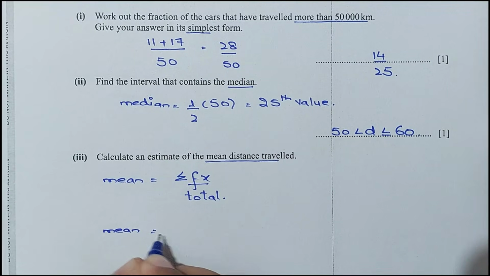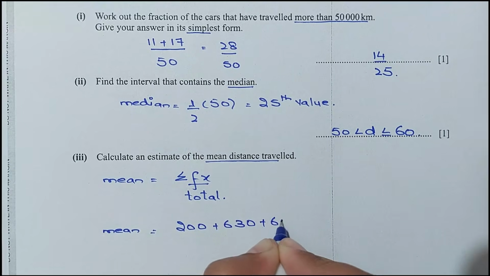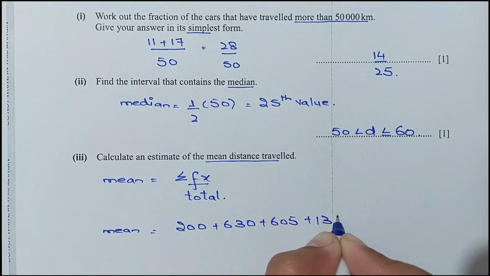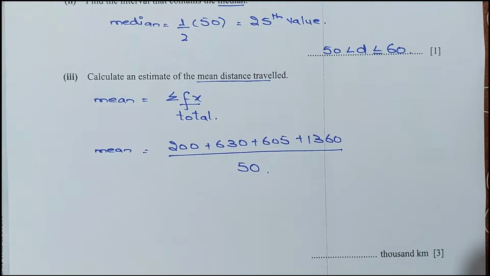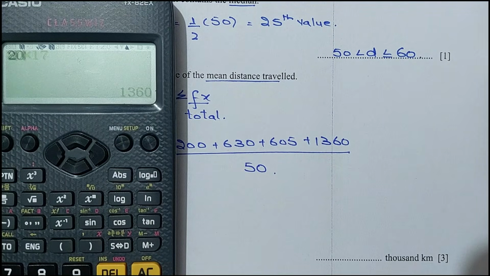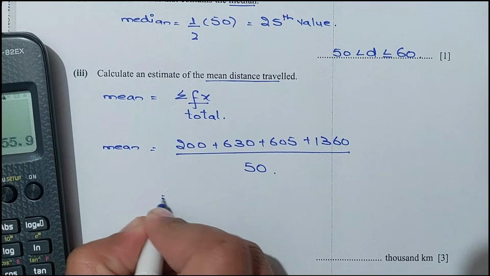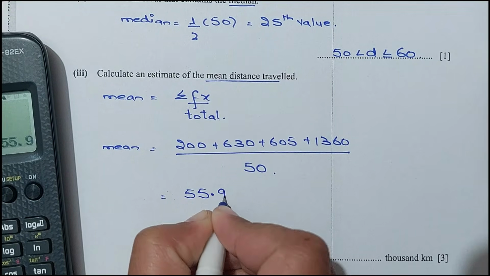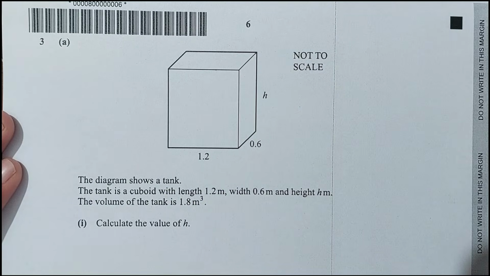So for the mean, you have to add 200, 630, 605 and 1360 and divide by the total number of cars, which is 50. This would be the mean distance traveled. 200, 630, 605 and 1360 divided by 50. 55.9 is the mean, 55.9 thousand kilometers.